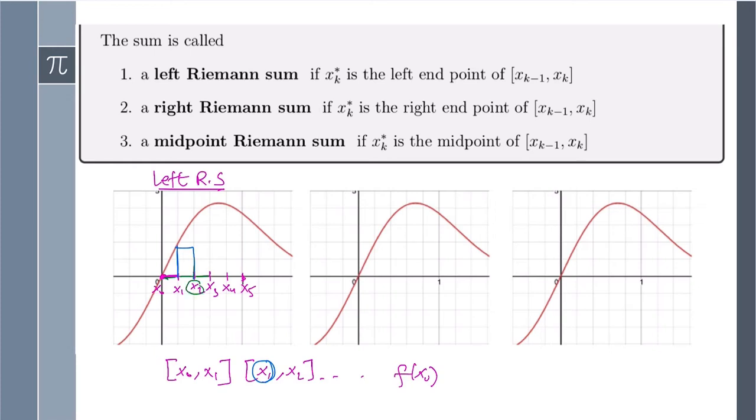So we draw the height up here, and that's the rectangle. For the fourth one, this is the height. For the fifth one, this is the height. So we are going to add these areas, starting with the first area right here.